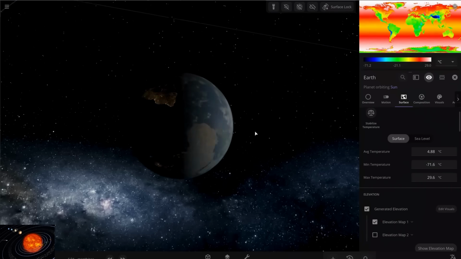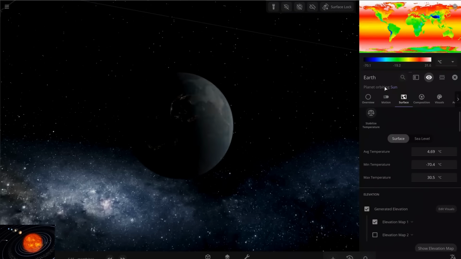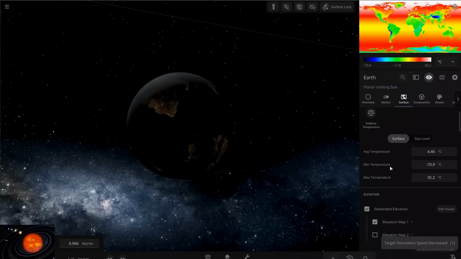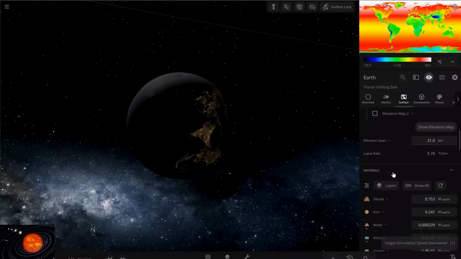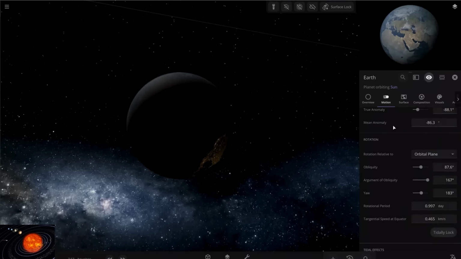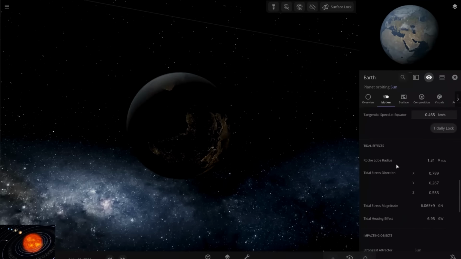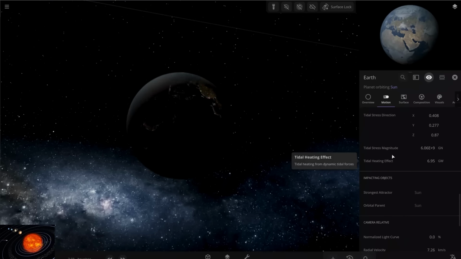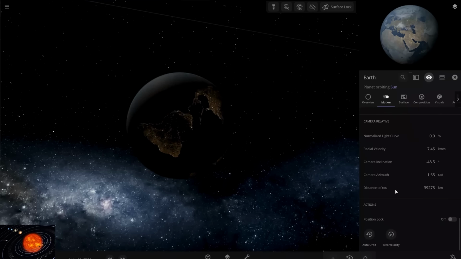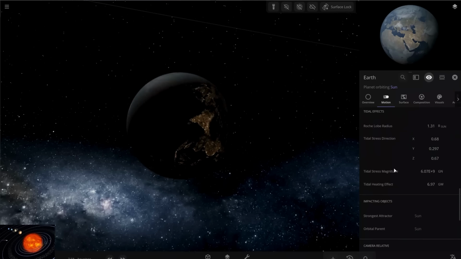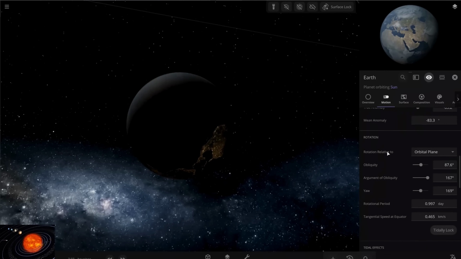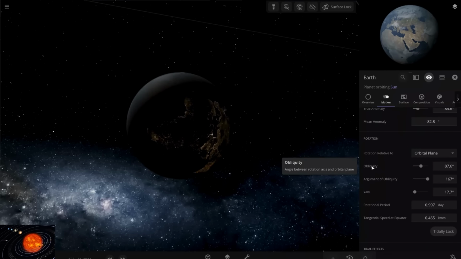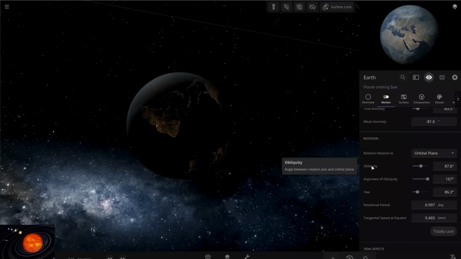So with this parameter you can play a lot and make some scenarios. For sure I will think of this parameter for making an interesting scenario. I think I don't have any scenario related to this parameter, which is called, let me see, obliquity, which is the angle between rotation axis and orbital plane.